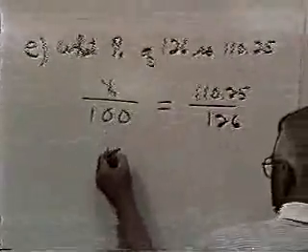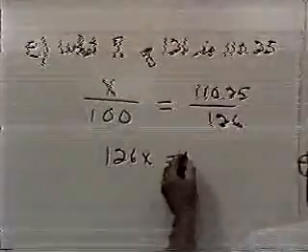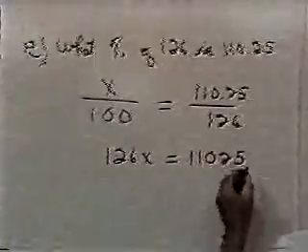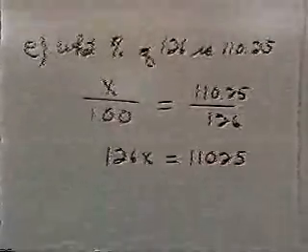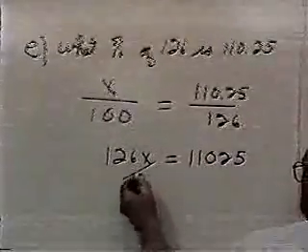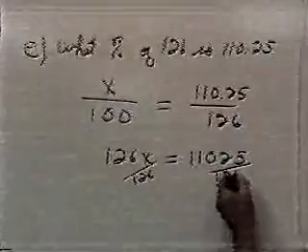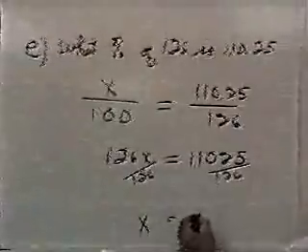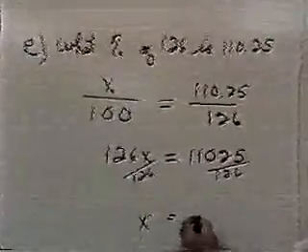Cross multiplying, we get 126x, and here we get 110.50. So then we divide both sides by 126.